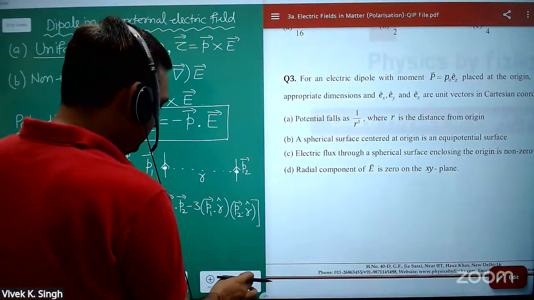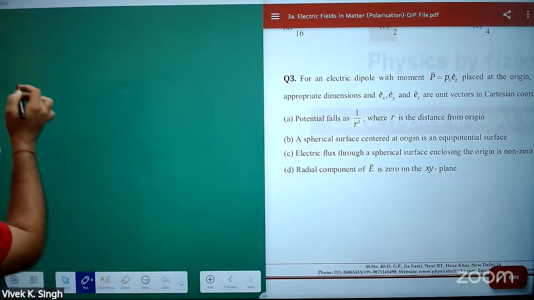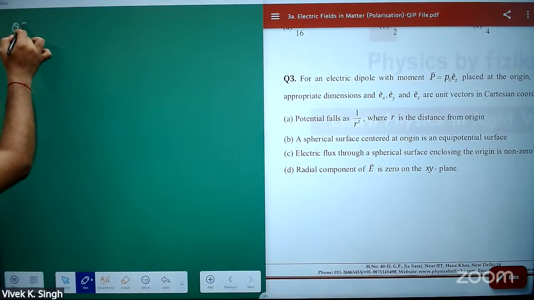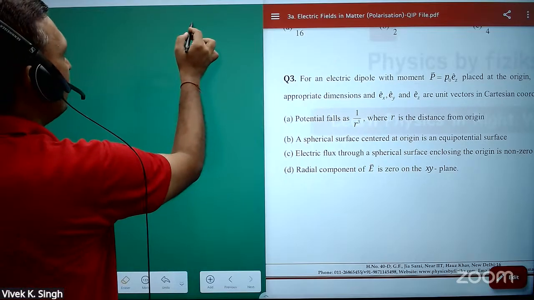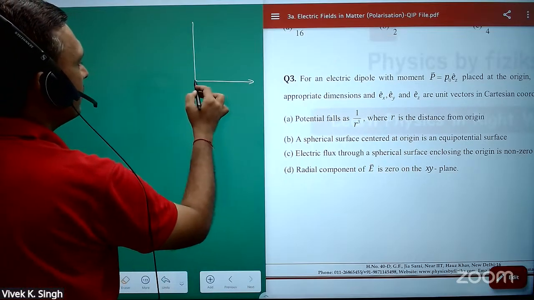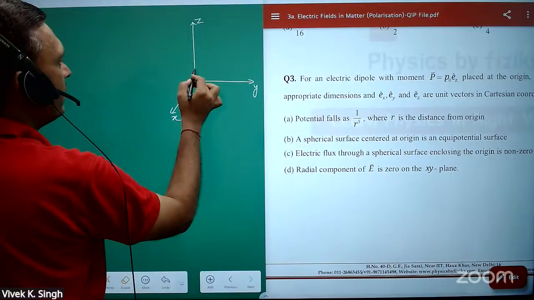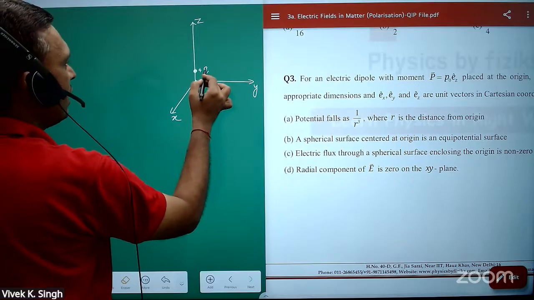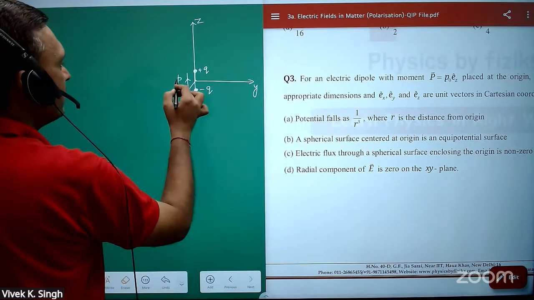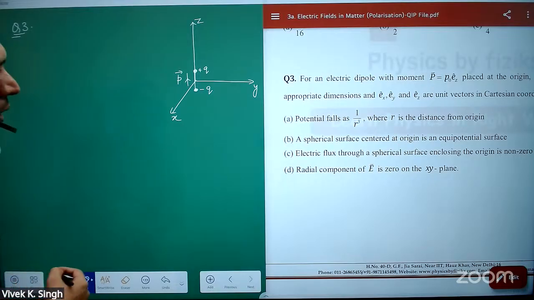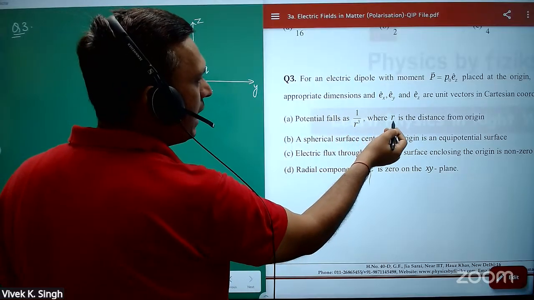So in this case, question number 3. Dipole is placed at the origin. X, Y, and Z. Let's say I'm assuming this is plus Q charge and then there is a minus Q charge, so that the dipole moment is in this direction. So does potential fall as 1 by R cube, where R is the distance from the origin?